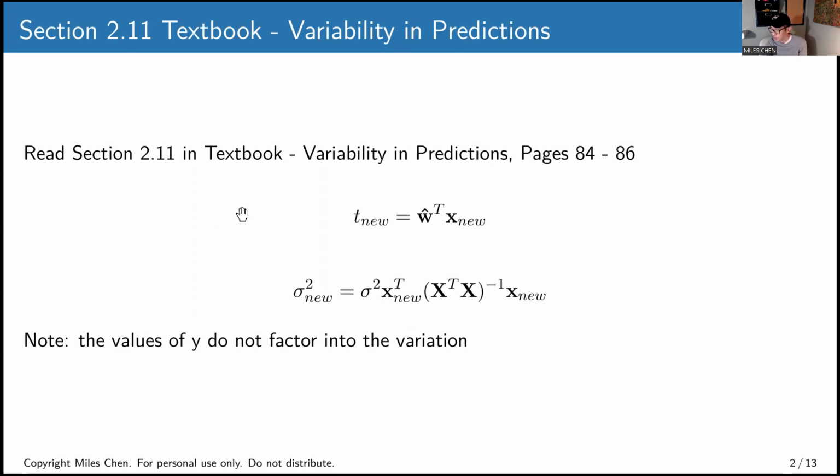Here, we want to look at the variability in the predictions themselves. As far as our predicted values go, we have our estimated weight parameters multiplied by any new observation X, and you just take the product.